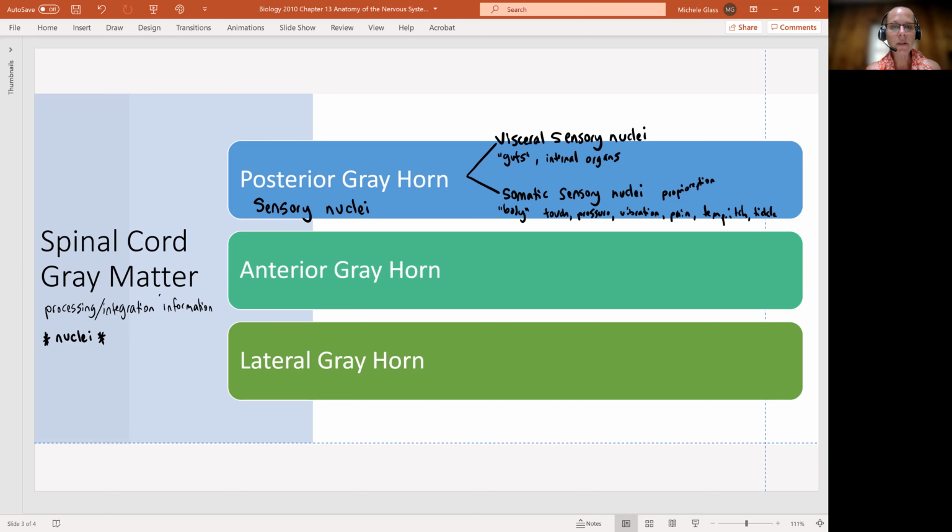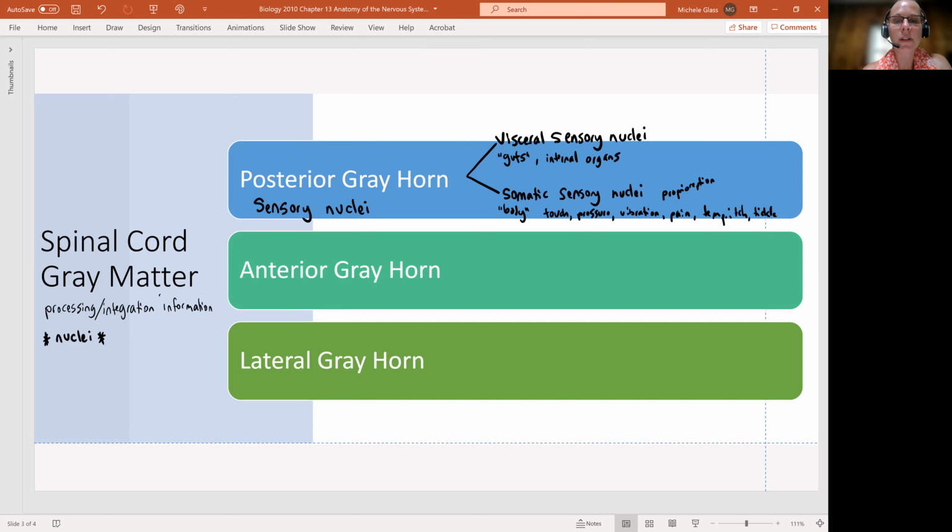Now, the anterior and the lateral gray horns are going to be directing out motor signals. So I'm going to say motor nuclei. And in fact, they're separate.